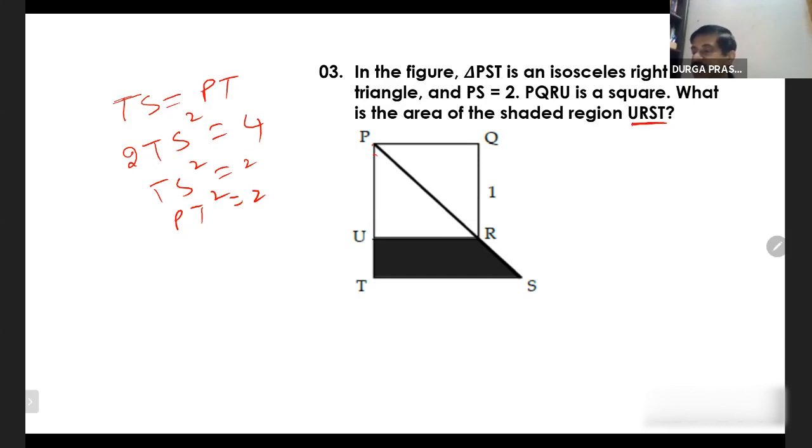We got PT as root 2, PS is 2 as given, and TS is also root 2. So the bigger triangle area is 1.